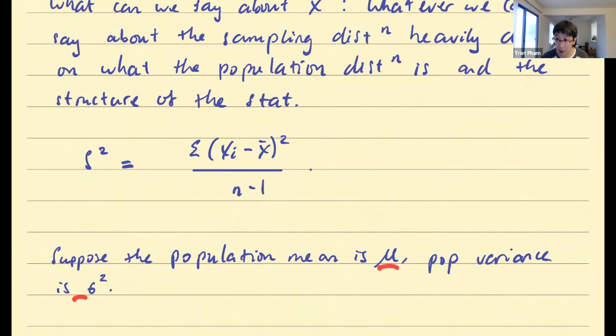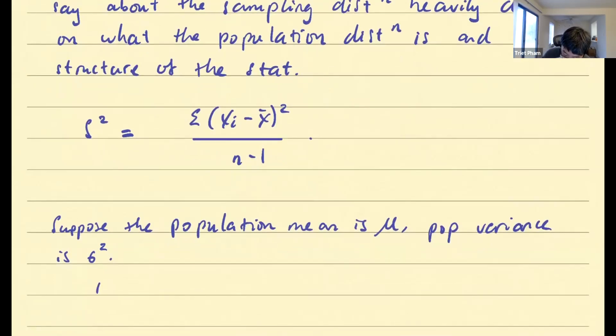But mu and sigma square can play different roles in different distributions. For example, if the population is normal mu sigma square, then mu is mu, sigma square is sigma square.